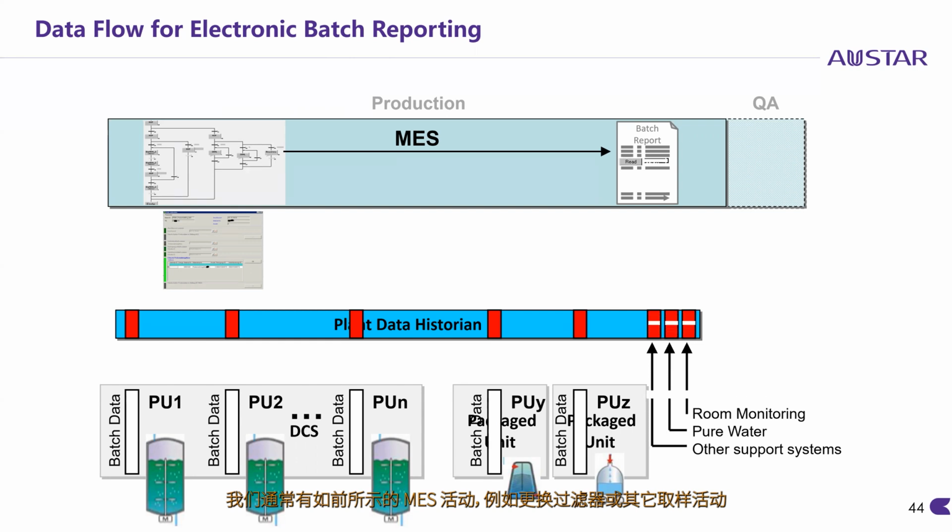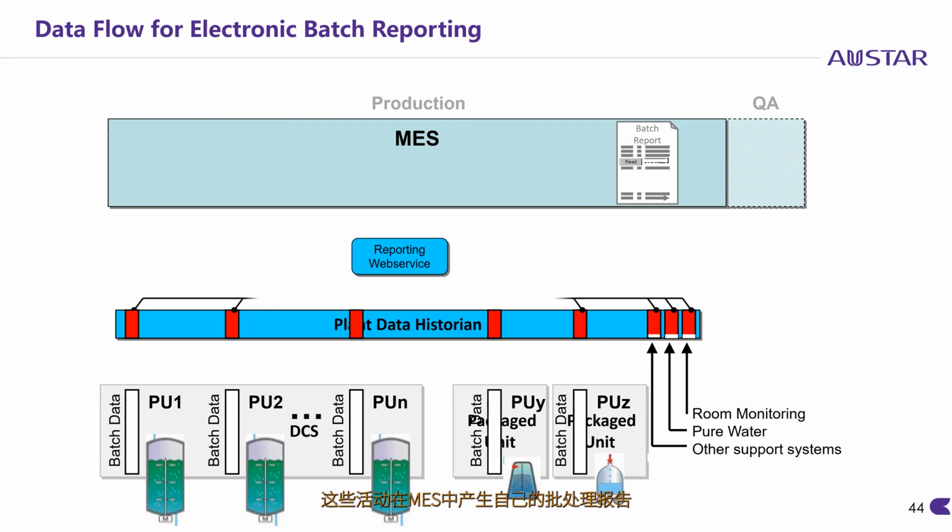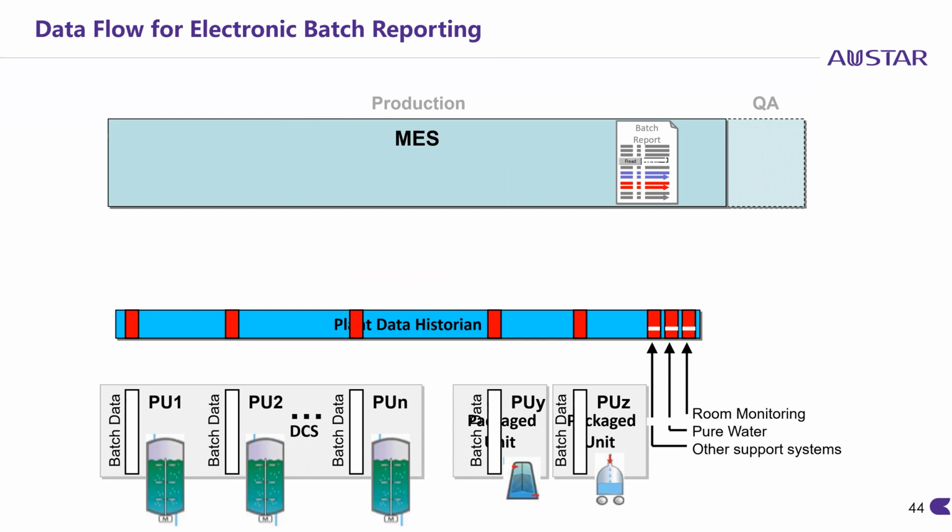Now, when the time has come to ask for the final data, when a batch is more or less finished, we can ask MES to activate the reporting web service, which brings data and adds them to the already existing batch report of MES.